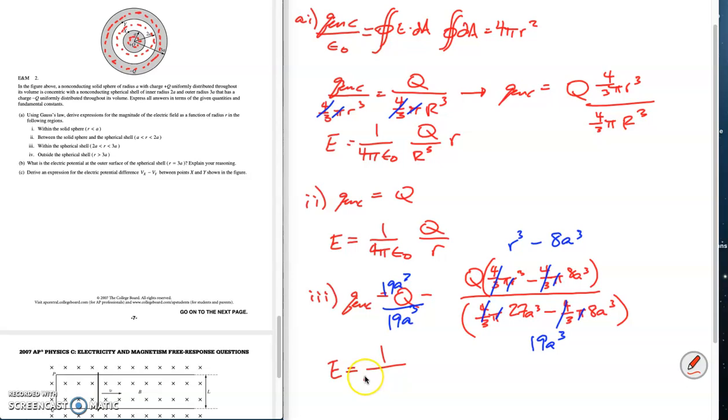of 1 over 4 pi epsilon naught. And then we're going to have Q over 19. And I've rearranged things on my answer key here. So we're going to have a 1 over r squared. That comes from this area here.